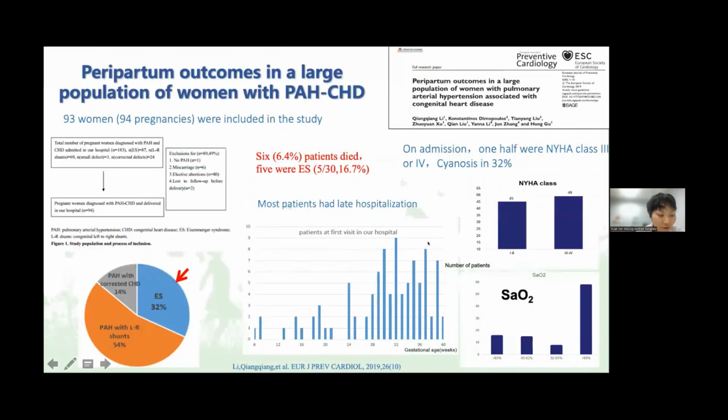This is a retrospective study from our center, Beijing Anzhen Hospital, including all the hospitalized pregnant women from 2010 to 2019.